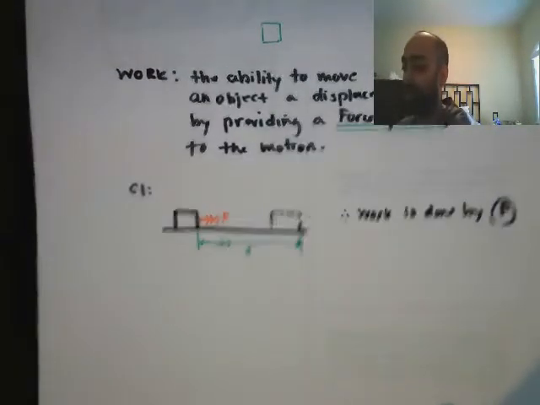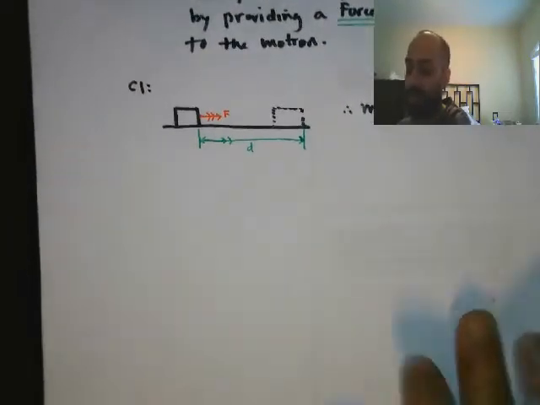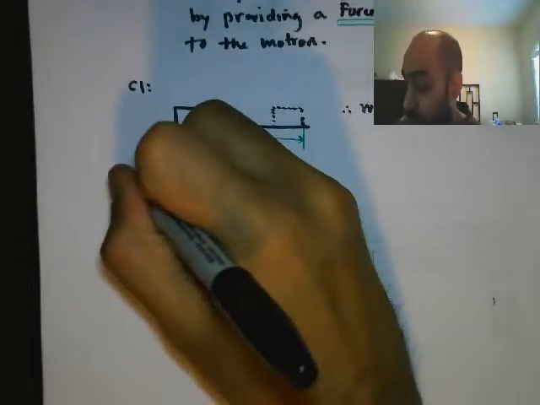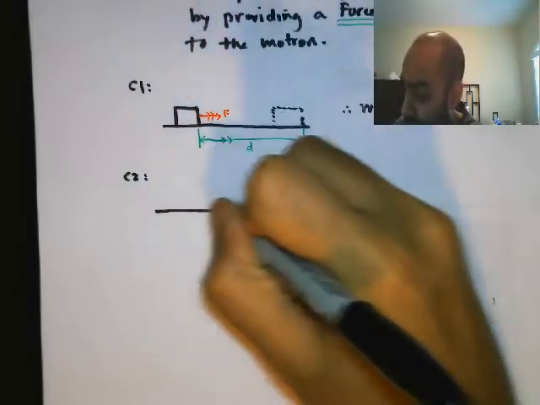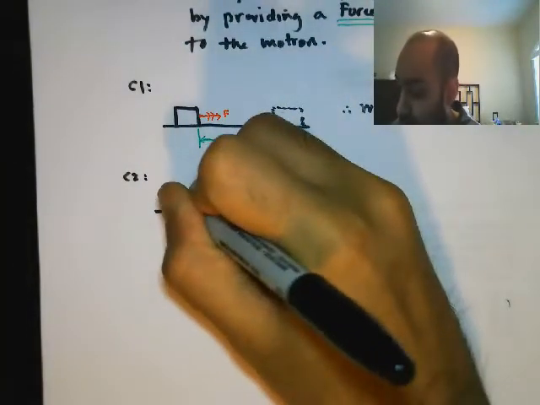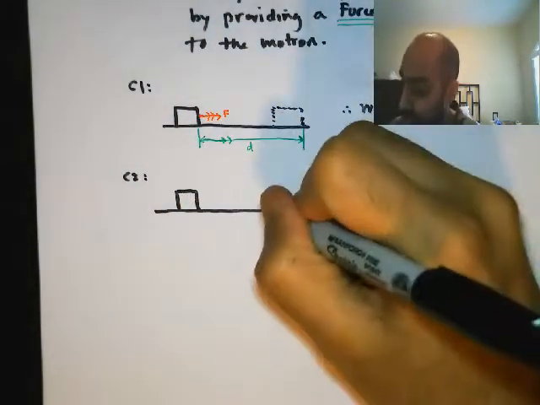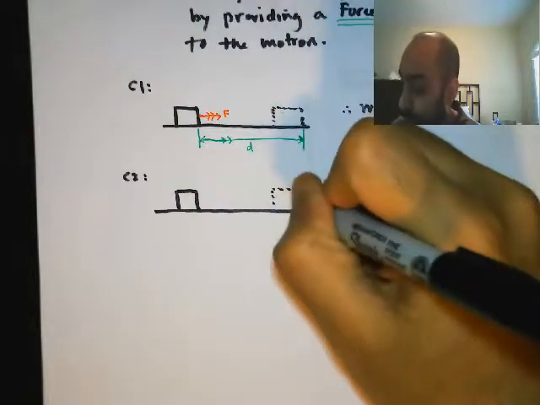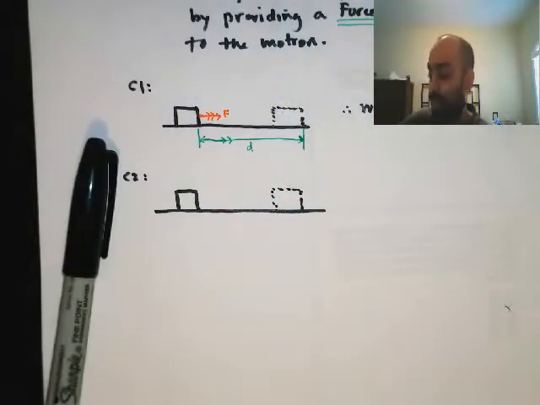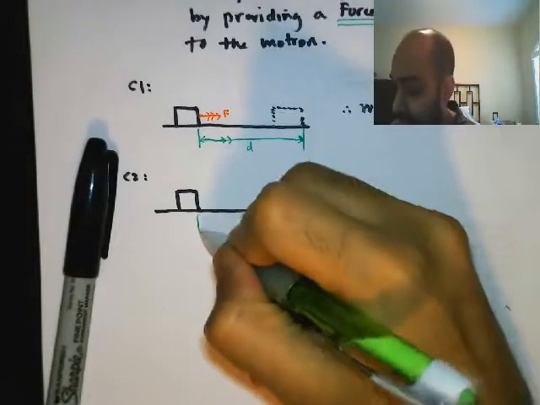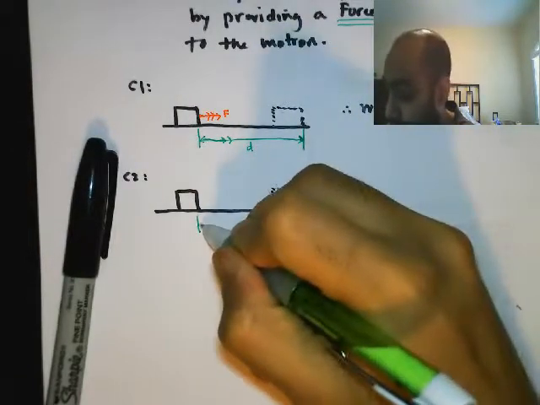Okay, well, let's look at case number two now. Case number two, we're going to have the exact same object sitting on a table, and again, we want to move it such that the front edge moves a distance d. So same thing.